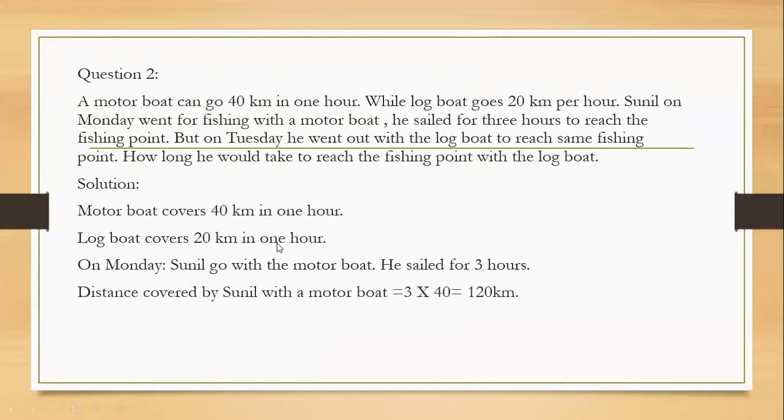So we'll see how much distance he will cover with a motorboat. You know that the speed is, if he is covering 40, class please, I repeat again, the distance covered by Sunil with a motorboat in 3 hours, right? If in 1 hour he covers 40 kilometer, so in 3 hours he would cover 3 times 40, that is 120 kilometer.